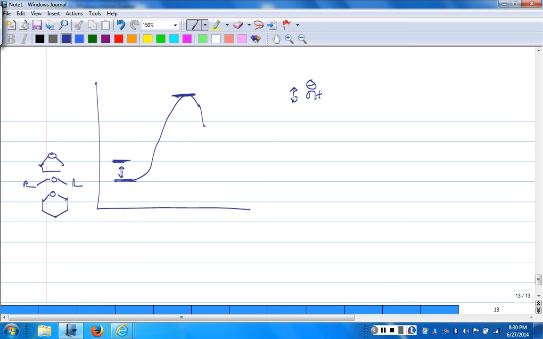Ring strain. But the hydroxide still doesn't have enough of a wallop to give me chemistry. So I don't get chemistry. The four-membered ring is a bit more unstable, right? The hydroxide is only here, but maybe if I heat it quite significantly, that provides the rest of the energy, and over the hill we go.